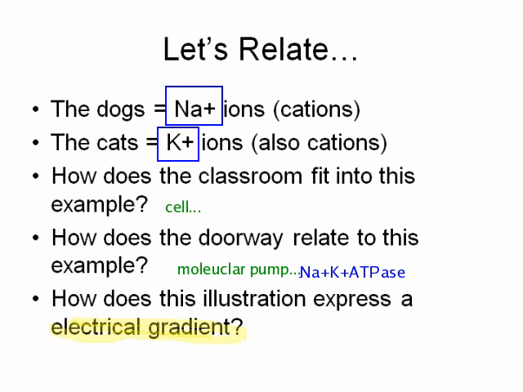When we talk about an electrical gradient, we're talking about a change in electrical positioning over a certain distance. In this case, the distance is between the inside and the outside of the cell membrane. That's the difference. That's the gradient.